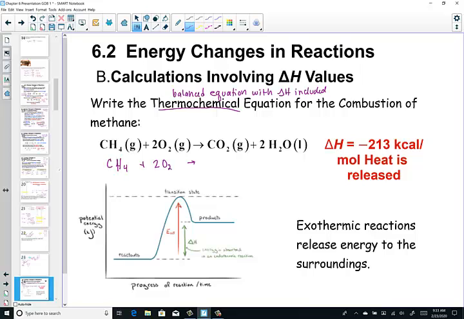These are all in the gaseous phase, forming a mole of carbon dioxide gas and 2 moles of water. And as part of that, you're going to write delta H is negative 213 kcals per mole. You're just including the delta H value right at the end of your chemical sentence. Now I want you to notice the negative sign. Negative sign means heat releasing. It's exothermic.